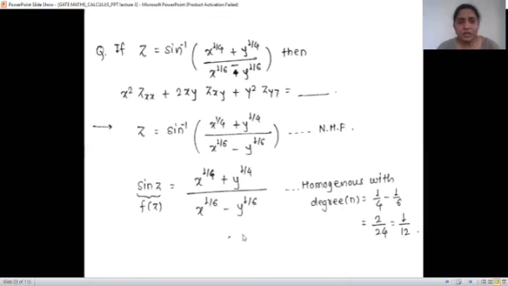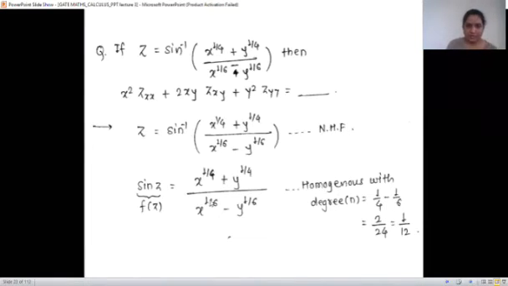Half the part is shown to you. Sine inverse. The given function has numerator degree 1 by 4 and denominator degree 1 by 6. If we solve 1 by 4 minus 1 by 6, it will not be 0. So this is a non-homogeneous function. So what we do is take sine on both sides, so that the function on the right-hand side will be homogeneous.